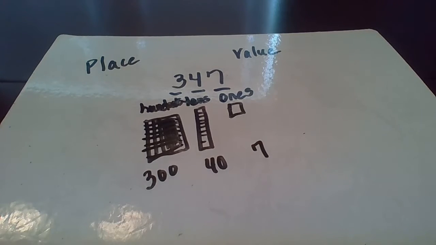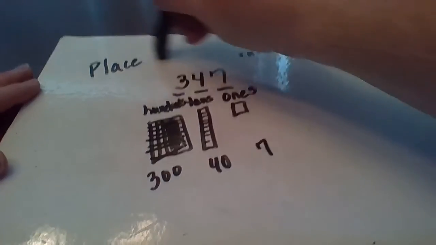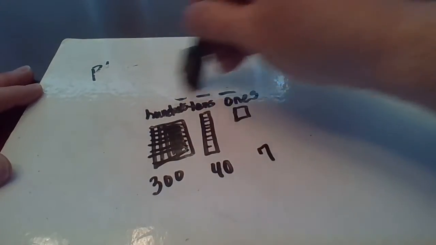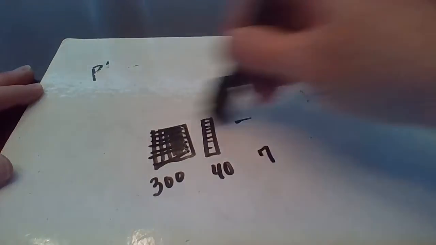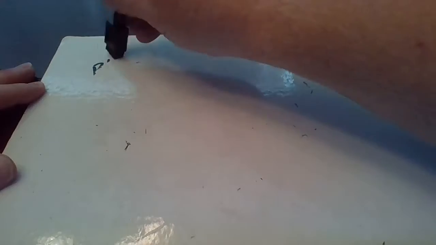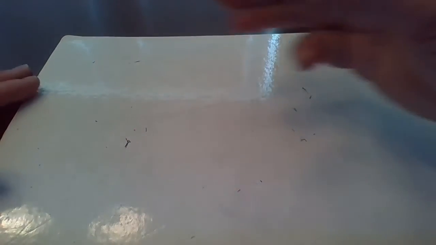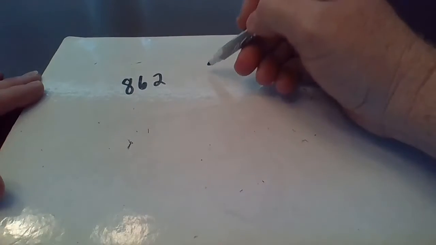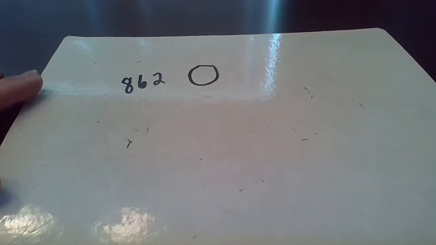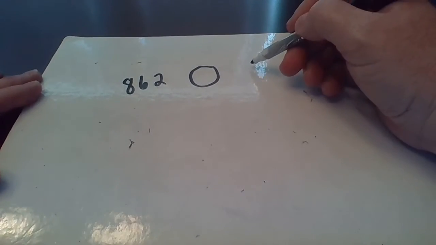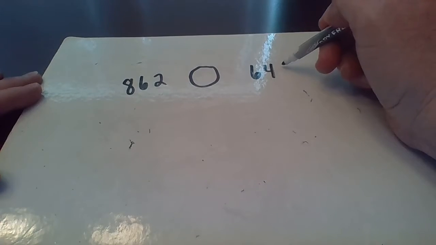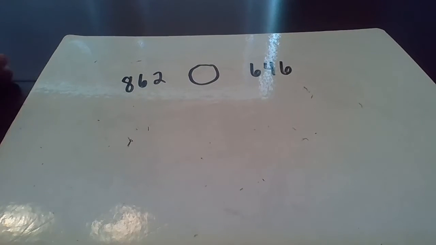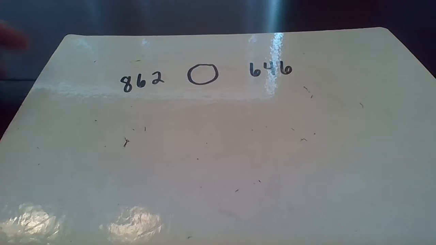The other thing that we did in the game How High Can You Go, How Low Can You Go, is we had to know how to compare numbers. That's where we looked at the value of each digit and said which number's higher, which number's lower. So if we have 862, and you've seen that circle in the middle before, we're comparing 646. We have to think about the value of each place.